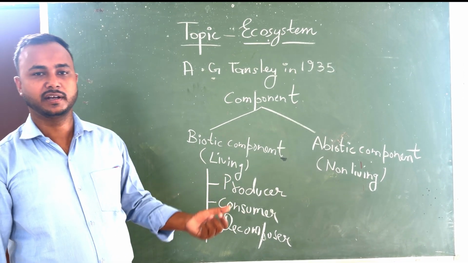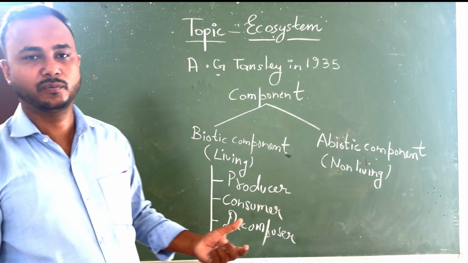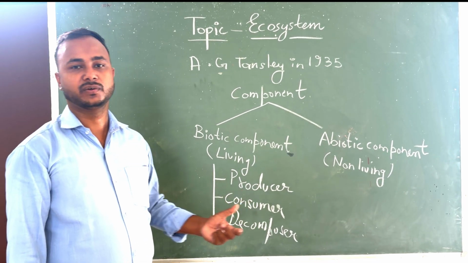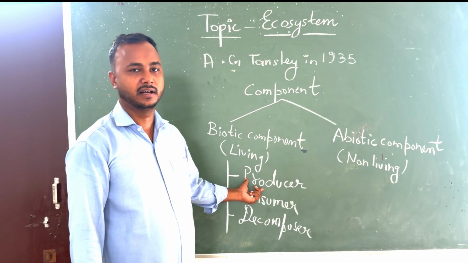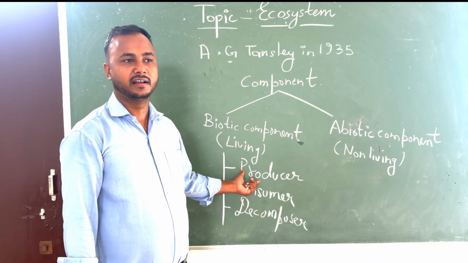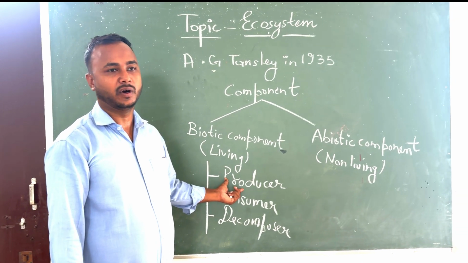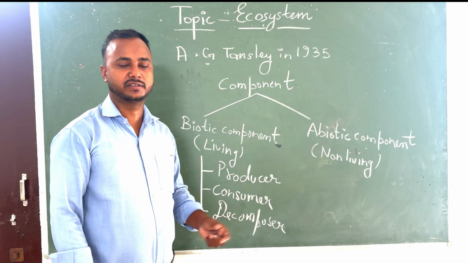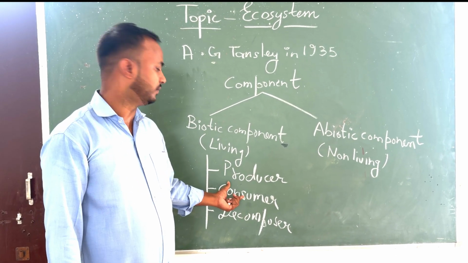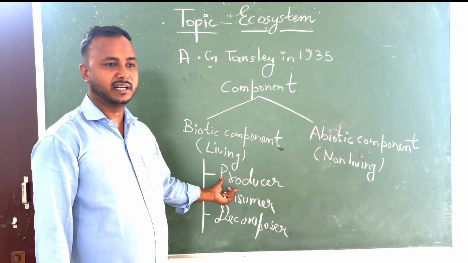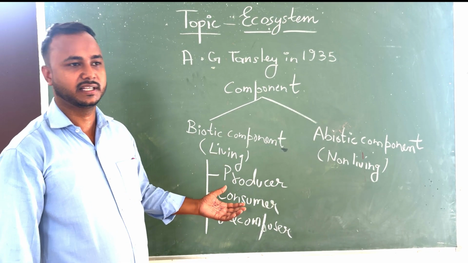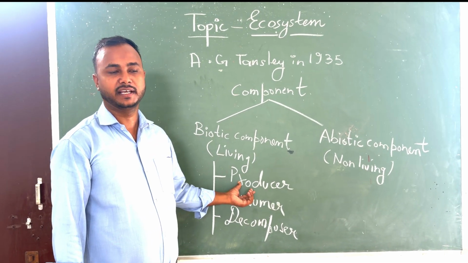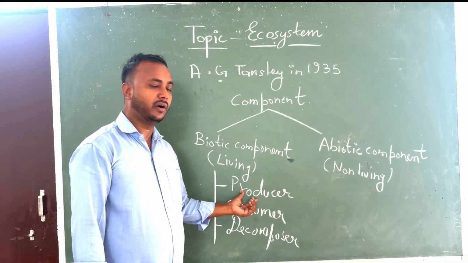Producers are those organisms that can prepare their own food by the process of photosynthesis. They utilize carbon dioxide, water, sunlight and chlorophyll to form glucose, oxygen and water. That is why they are also known as autotrophs.